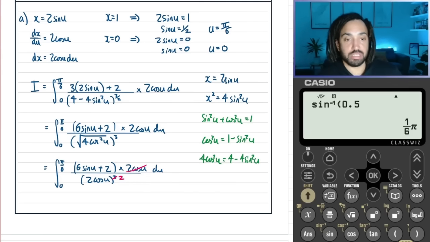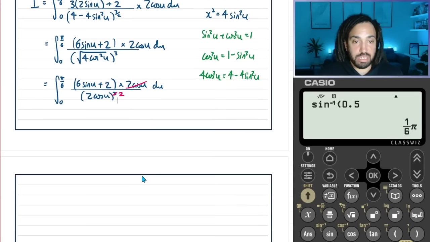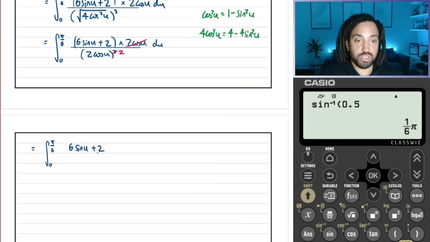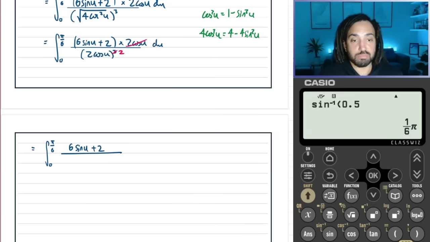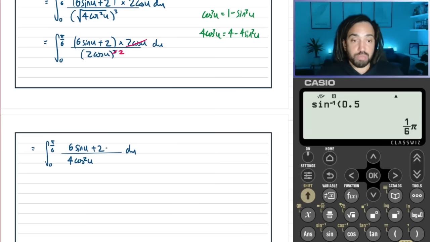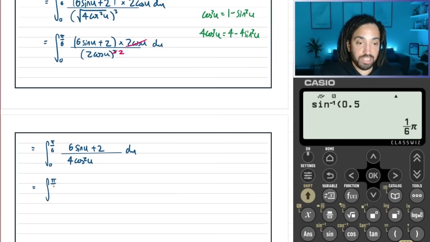Okay, great. So now we can write this as 6 sine u plus 2 over, and then maybe it is a good time to expand that out now because that's 4 cos squared u du. And what we have here is we've got 2 terms on the top, and we've just got a common denominator. So we can split that up. The thing that we are trying to aim for is to split it up into 2 terms.